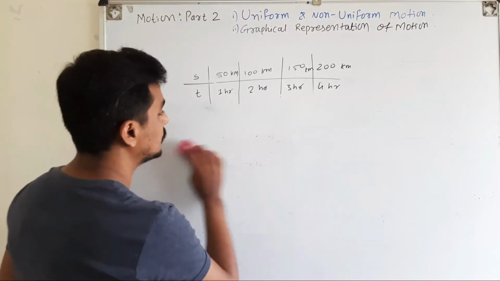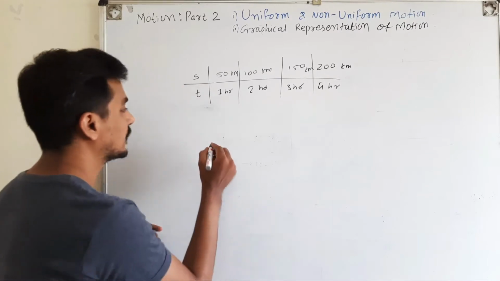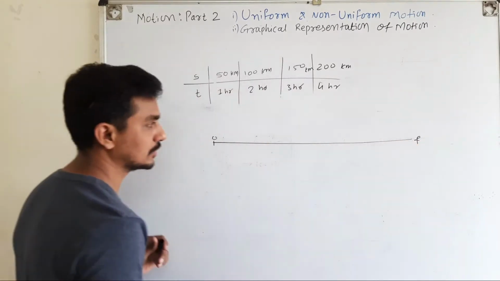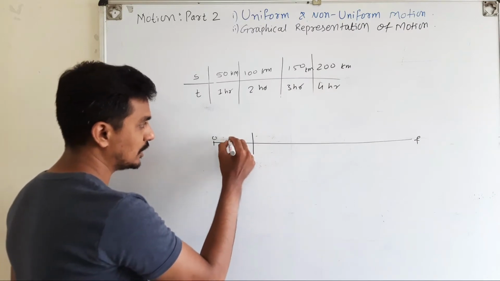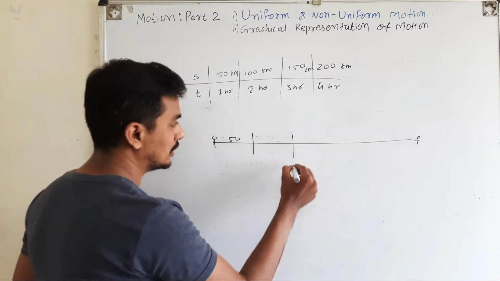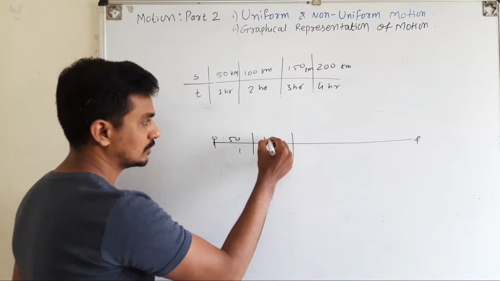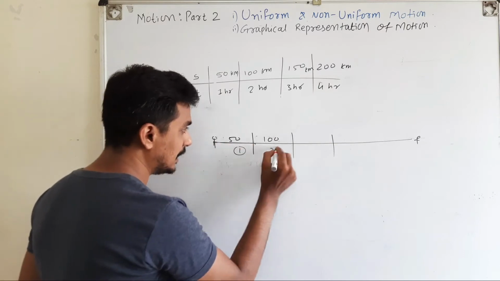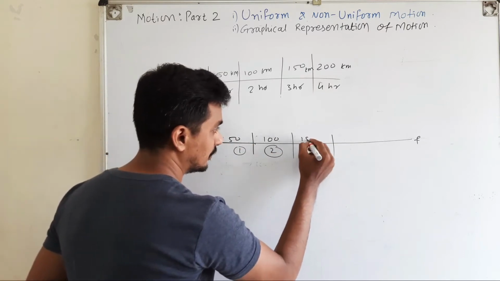For example, if you represent the path like this, you are starting from your initial position and this is your final position. The first 50 kilometer you cover in 1 hour, then 100 kilometer in 2 hours. So you are covering equal distances in equal intervals of time.